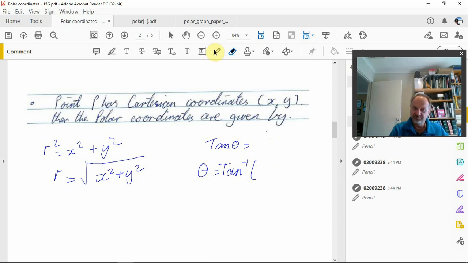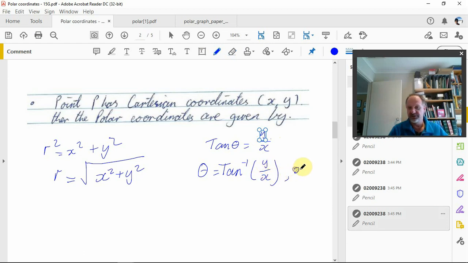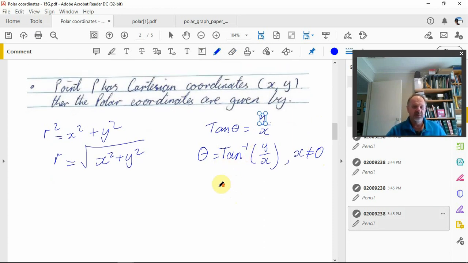Opposite, which is y, over x, so tan theta is y over x. And of course there's a restriction there that x cannot be equal to 0, otherwise the tan value is undefined.